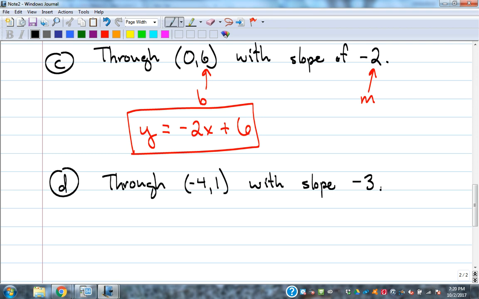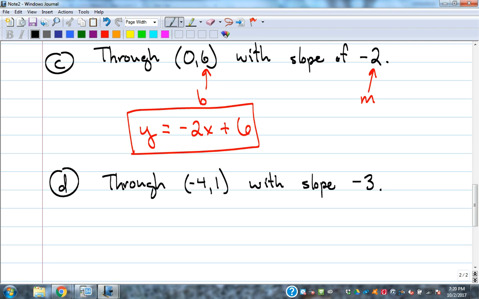But they gave me a slope and a point. What form uses a slope and a point? Point slope form, what we just talked about. I could write the equation in point slope form and then work from there to get slope intercept form. That's the key here, is being able to take from one form to another form. That's what we're working toward.